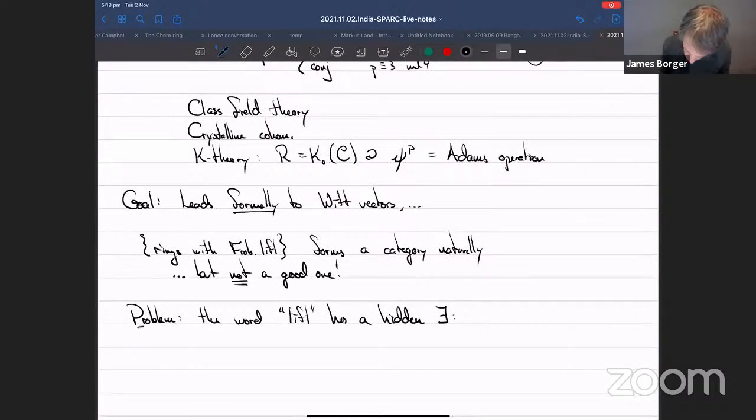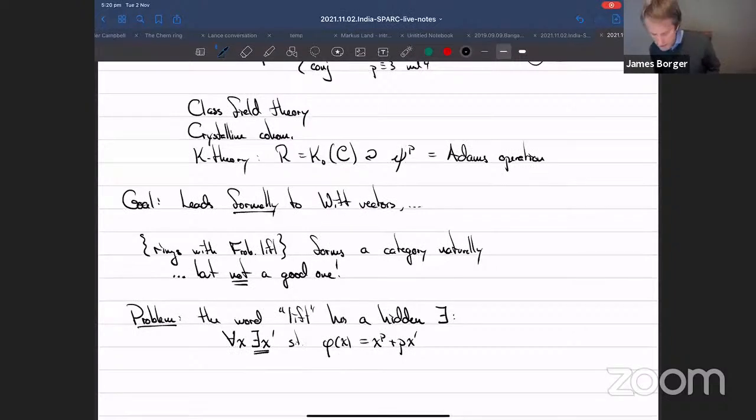Let me write what the definition of Frobenius lift is. It's: for all x, there exists an x prime such that phi(x) equals x to the p plus p x prime. So the congruence condition hid this existential quantifier, but it's really there.